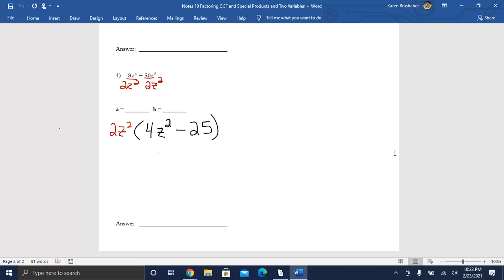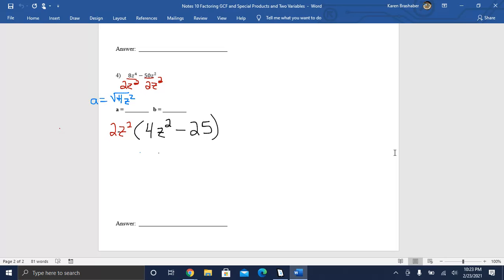50 divided by 2 is 25. Now, this is from homework 9, so we have to do the square root. The square root of 4z squared will be my a.